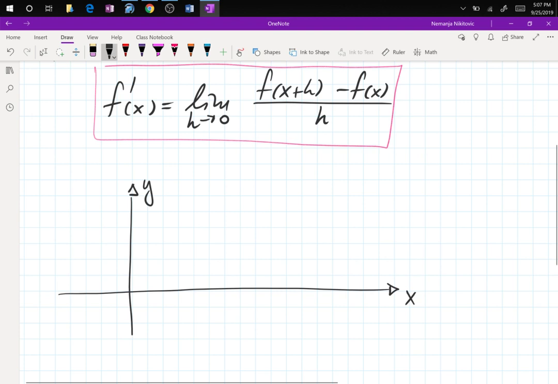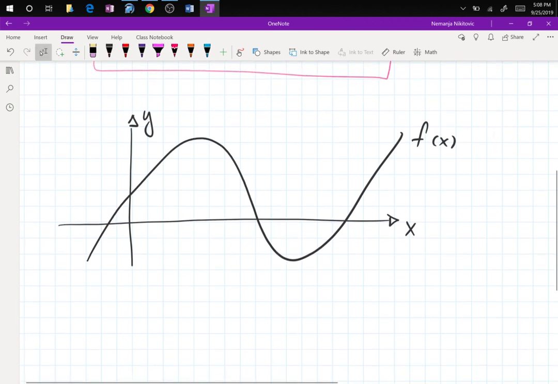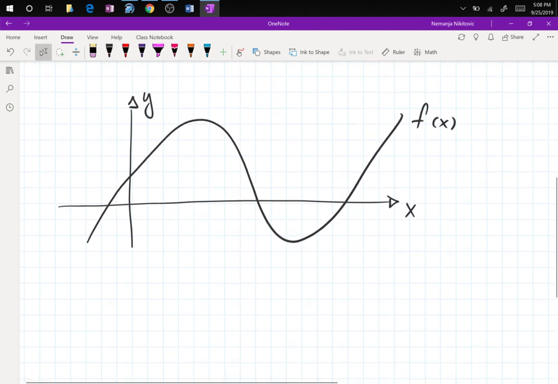So say you have a function that goes like that. That's going to be f of x, black, and now we're going to go with red and sketch the derivative.